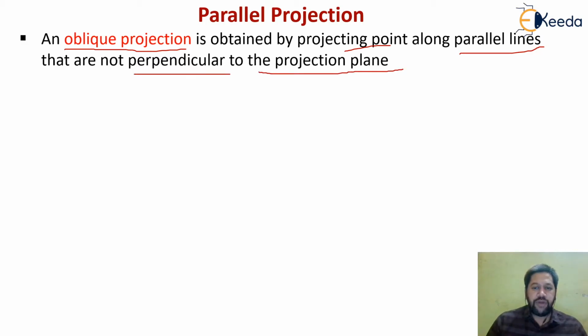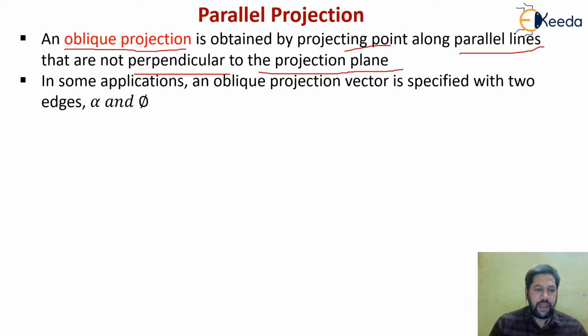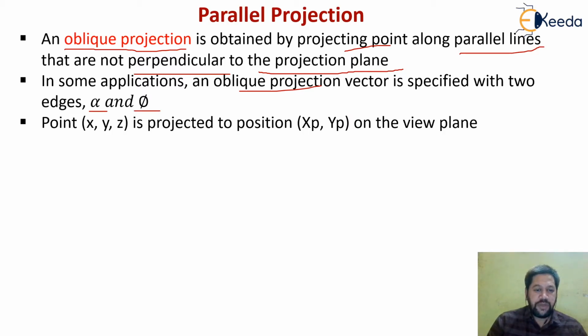In some applications an oblique projection vector is specified with two angles, alpha and phi, so with the help of these two angles we can specify it.